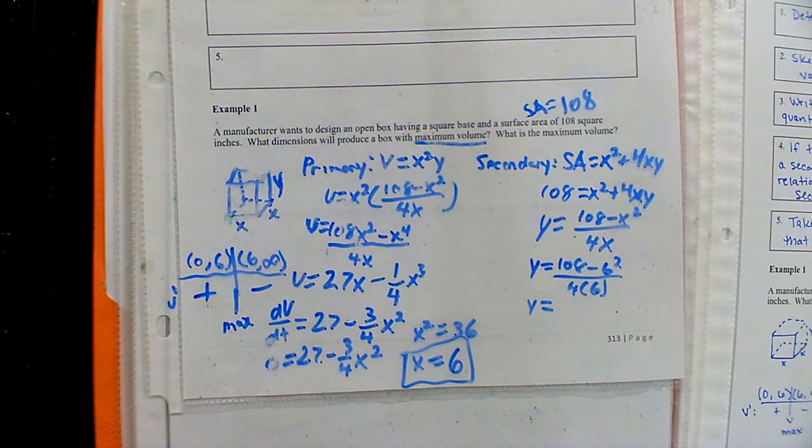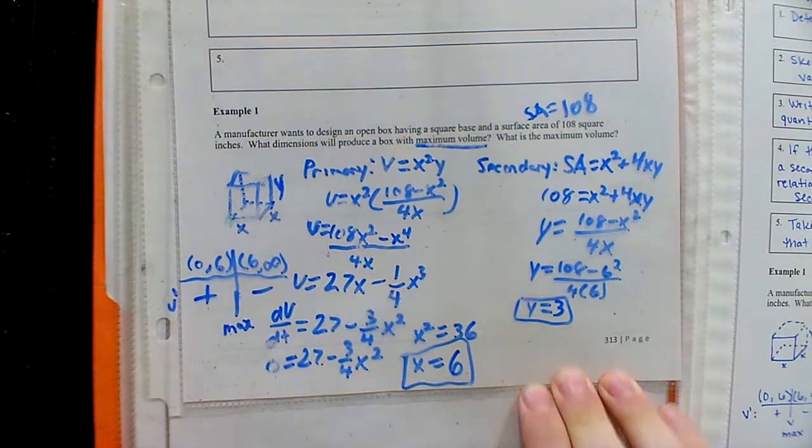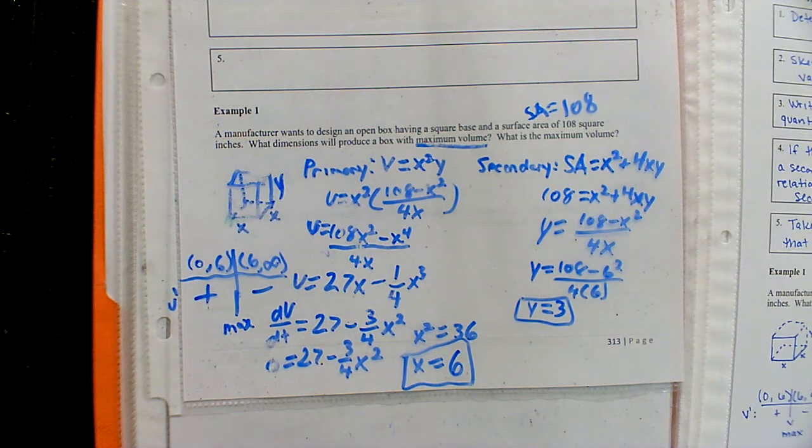Brianna, did you find a y value? 3, yes. All right. So I have x equals 6 and y equals 3. These are my two values where we found that it's at maximized volume.